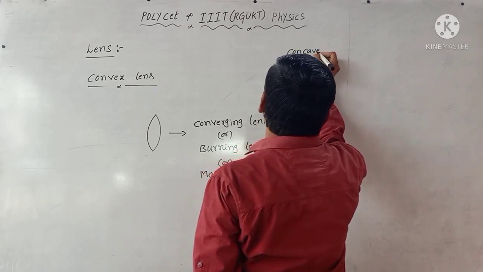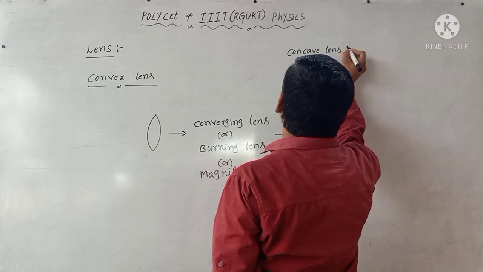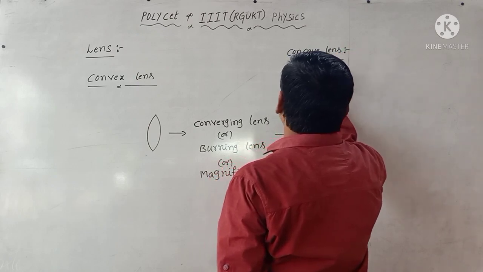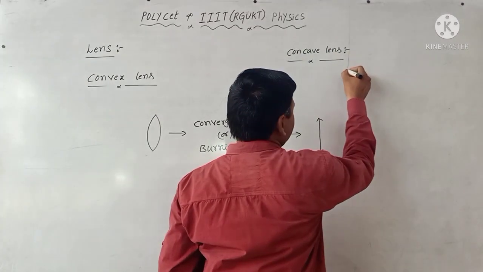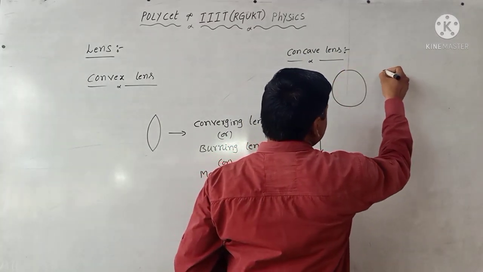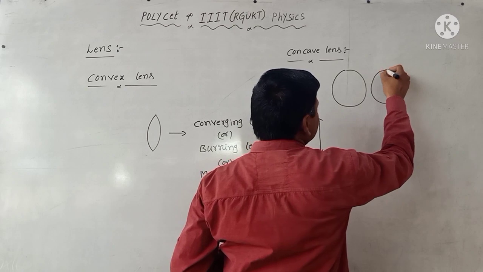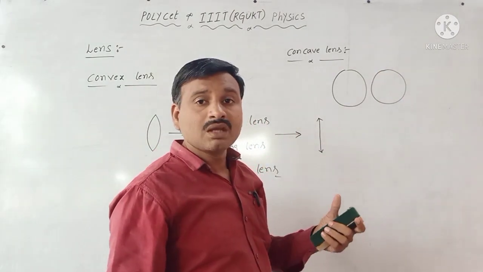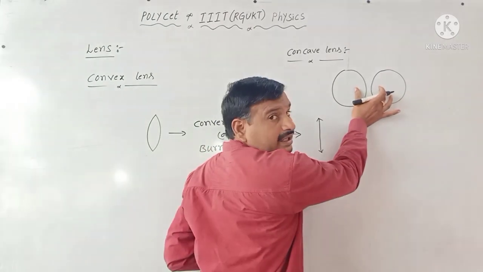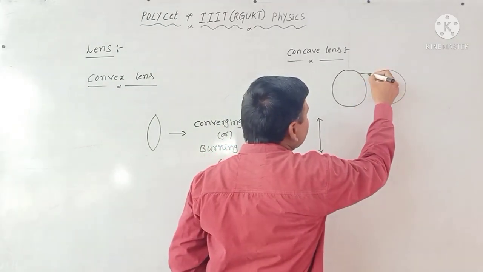Concave lens. What is a concave lens? Again, take two spheres. These two spheres are close together. Okay, here the concave lens is formed.